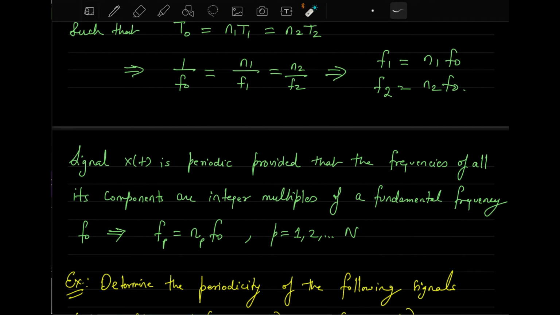So you can see here fp will be equal to np f0, where f0 is the fundamental frequency and p runs from 1, 2, 3, as far as you want. If you want more signals to be added, p will be 3 for 3 signals, and continuing to add more signals, the main fundamental concept will be this.